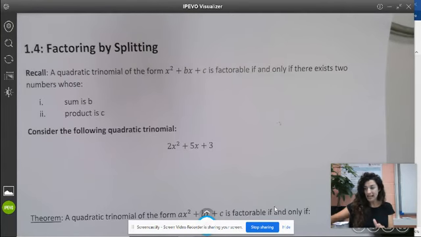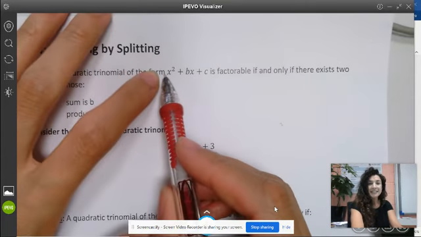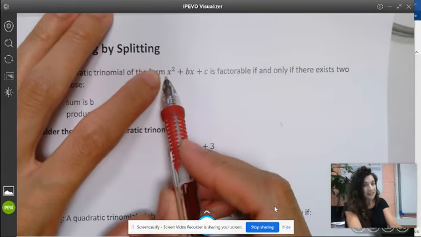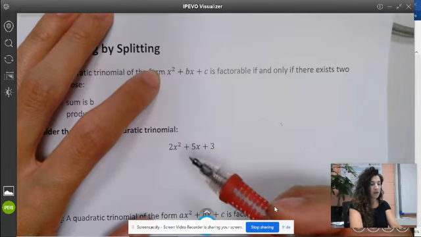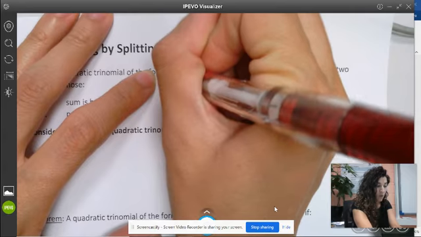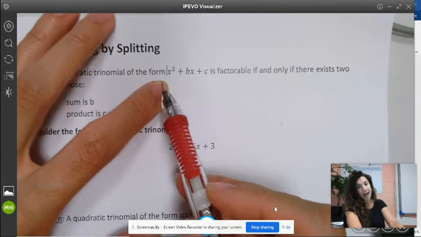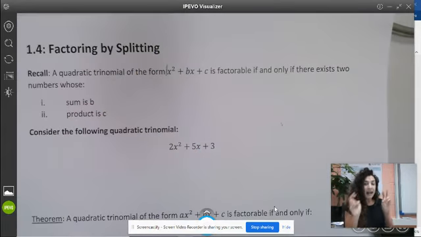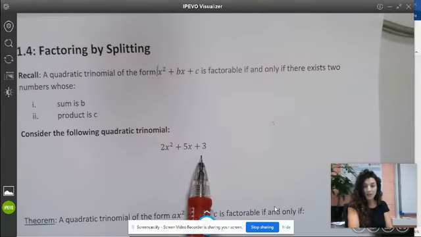But not just any trinomials. Remember that we were talking about trinomials that did not have a number that we could see in front of x squared, because the number in front is actually 1. So last class was when a equals 1. Factoring by splitting is what we call our factoring process for trinomials.